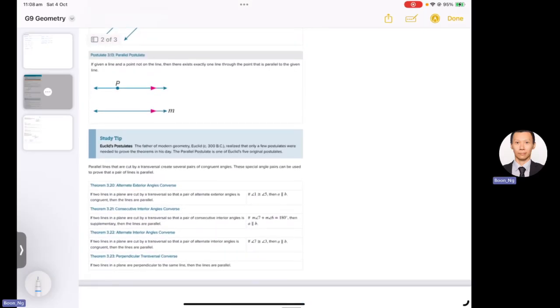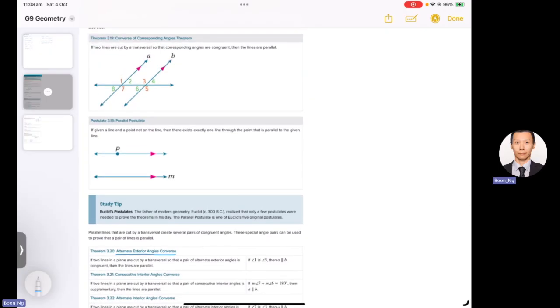Now we need to use these theorems. Theorem number one is the alternate exterior angle converse. When we look at this, angle 1 and angle 5, these two are the parallel lines, A and B, and angle 1 and angle 5 are outside of the sandwich. Outside is exterior.